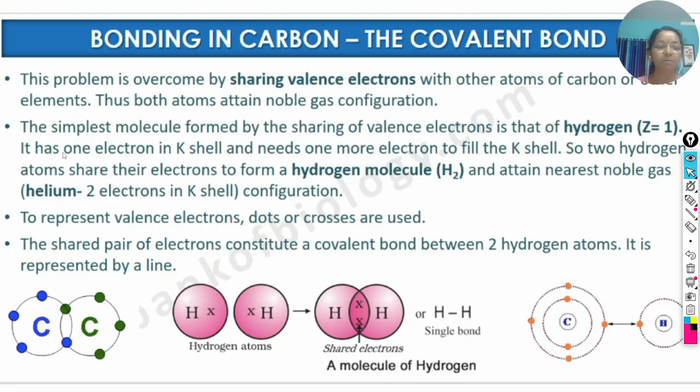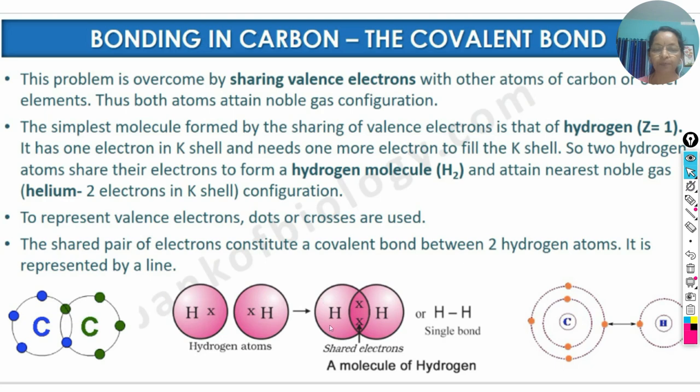Okay, so the simplest molecule formed by the sharing of valence electrons is that of hydrogen, because hydrogen has only atomic number 1. This is the case with hydrogen, only 1 electron, and the other hydrogen atom with 1 electron. So to form a hydrogen molecule they share 1 electron each, which becomes 2 electrons here.